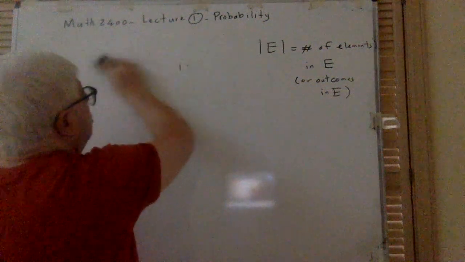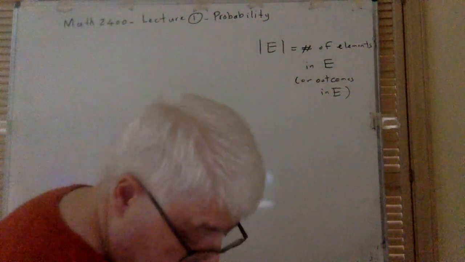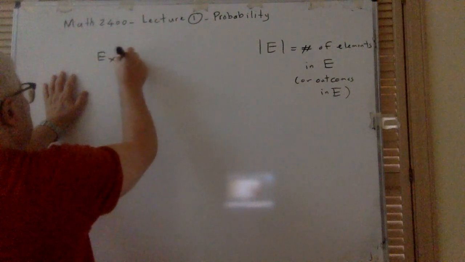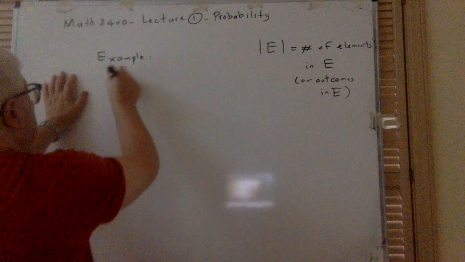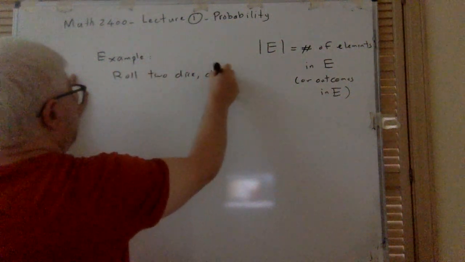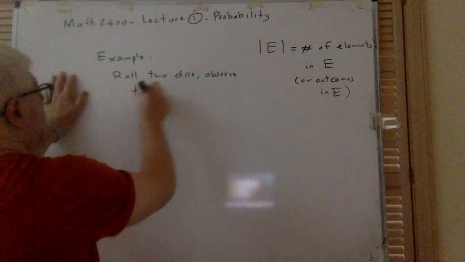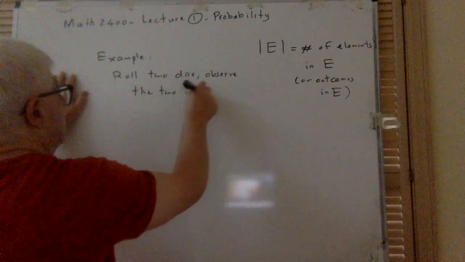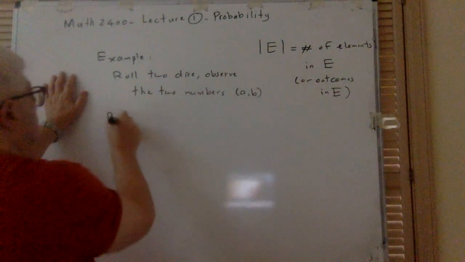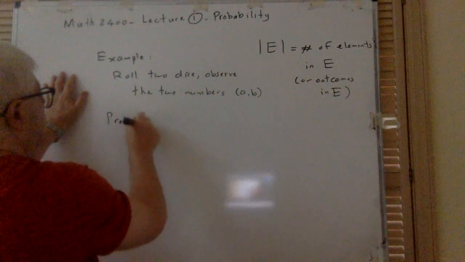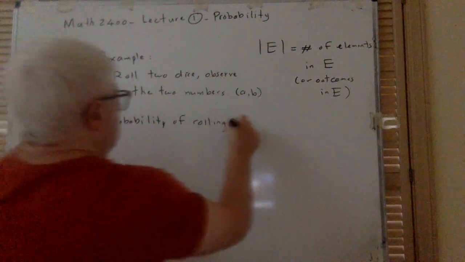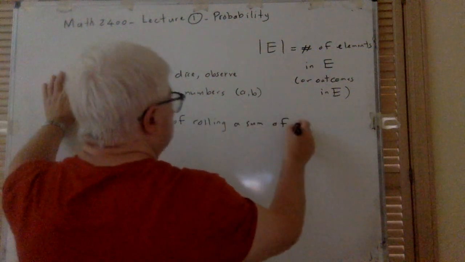Let's do another one using that, roll 2 dice. So example 2, roll 2 dice, observe the 2 numbers, A and B. Now find the probability of rolling a sum of, say, 6.